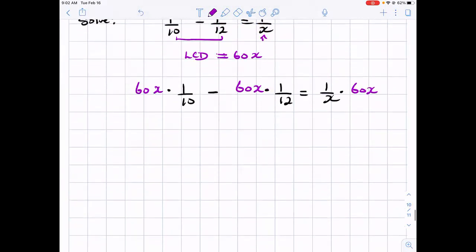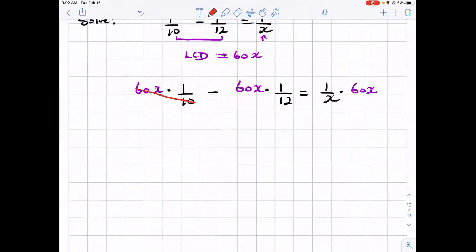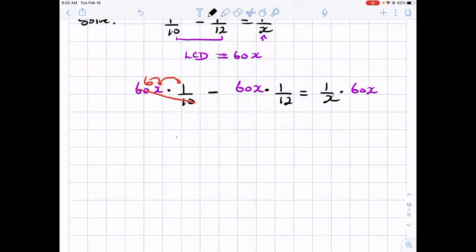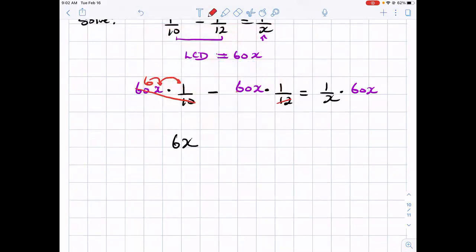As usual, the denominators will cancel. So 60 divided by 10 is 6, so 6 times x times 1 becomes 6x. The 12 and the 60 cancel to be a 5, so 5 times x times 1 becomes minus 5x.